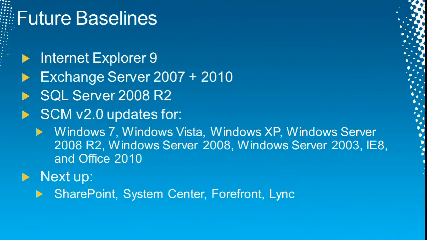Some of them are a little unique for us. They're maybe not group policy centered, so we're developing new capabilities in the tool to be able to handle that. But products like SharePoint, System Center products, so there's a whole list of products there. Forefront products, Lync. So any gut reactions on this?